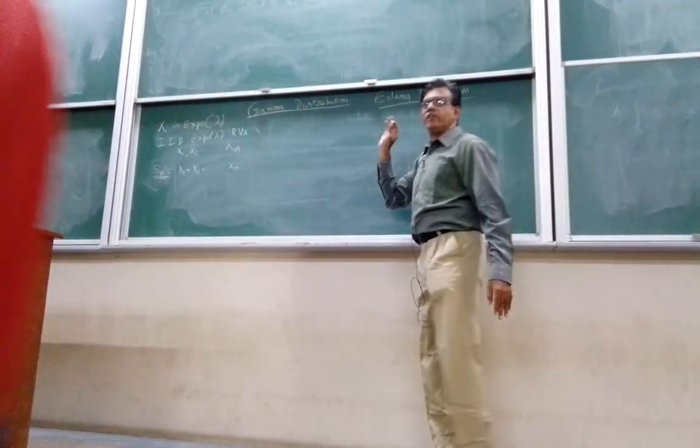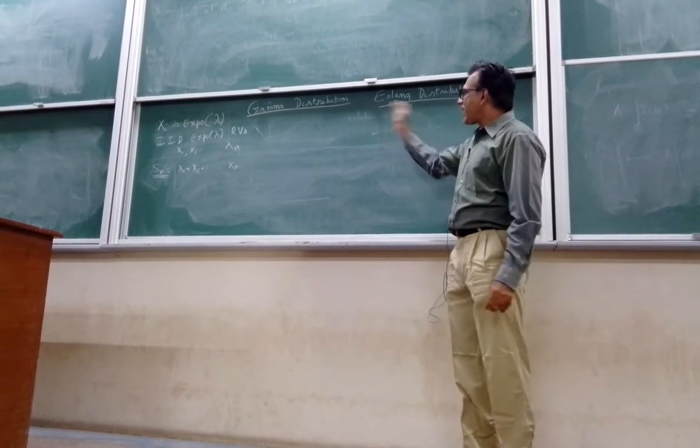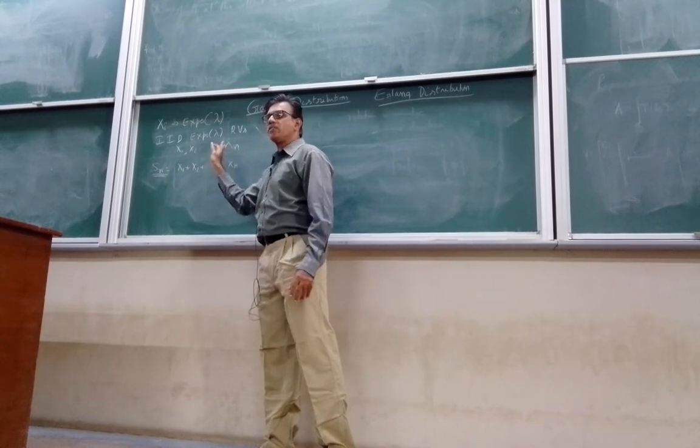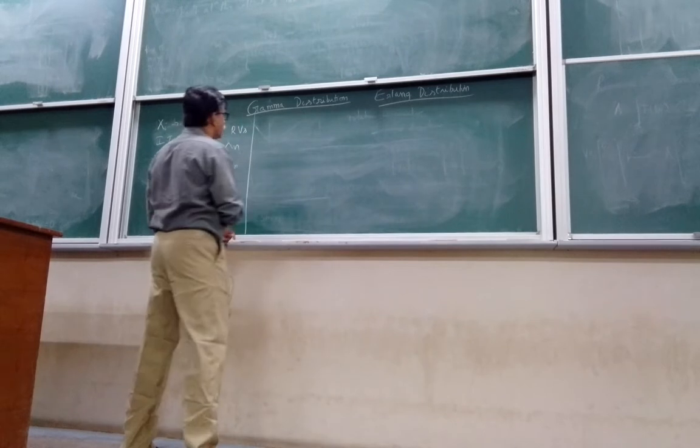It need not be an integer, it can be any arbitrary positive real value. In that case, we cannot view it as a sum of n, but a generalization is also possible. So I will tell you how these things work.